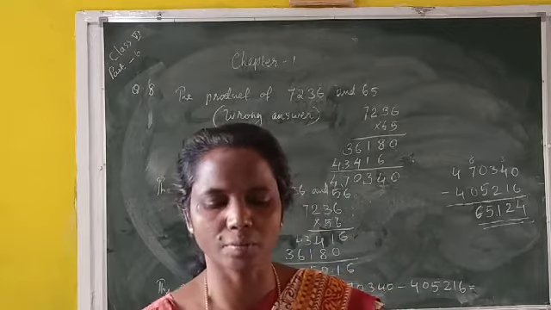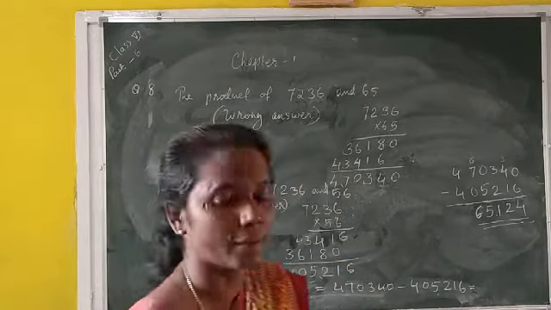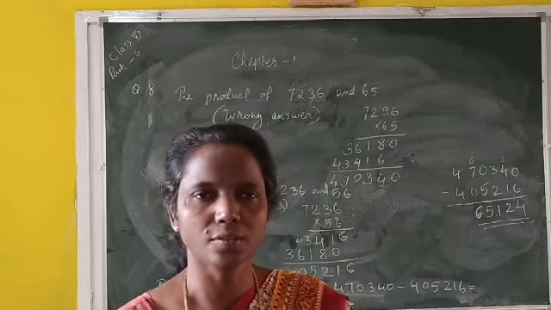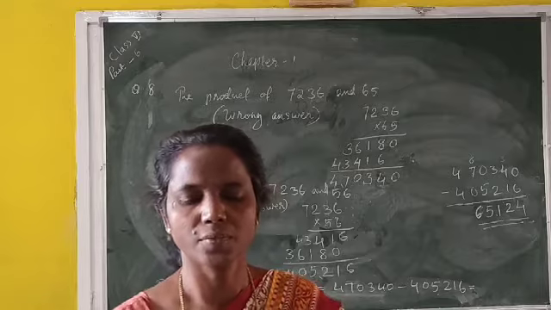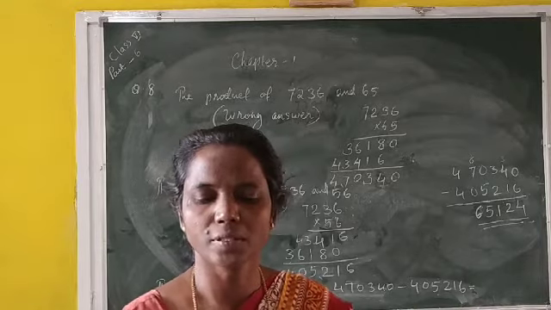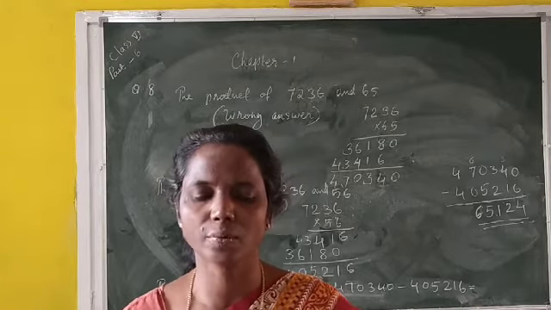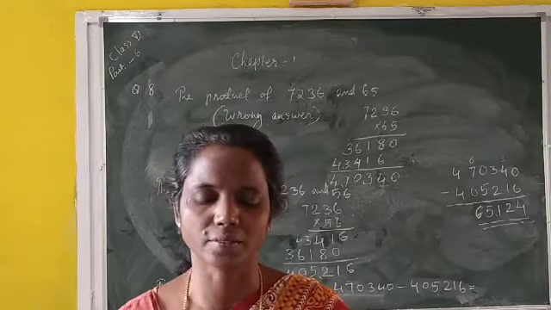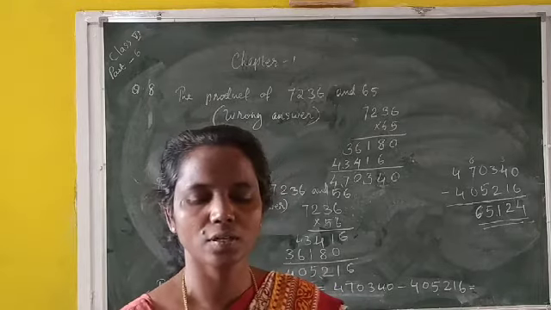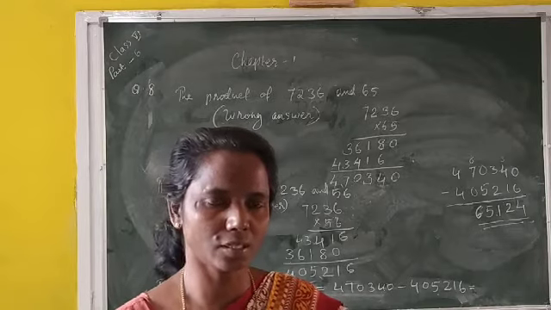Look, question number 9. To stitch a shirt, 2 meter 50 centimeter cloth is needed. Out of 40 meter cloth, how many shirts can be stitched and how much cloth will remain? Here one shirt requires how much cloth? 2 meter 50.